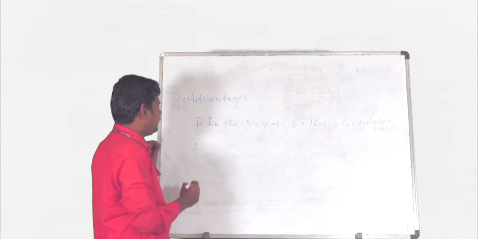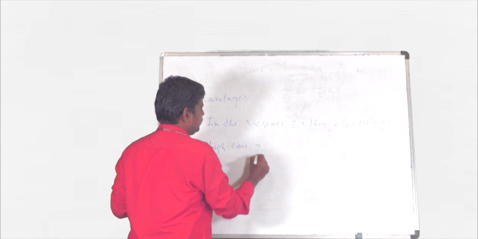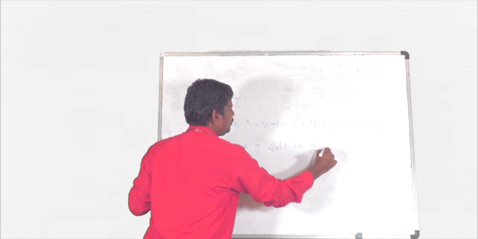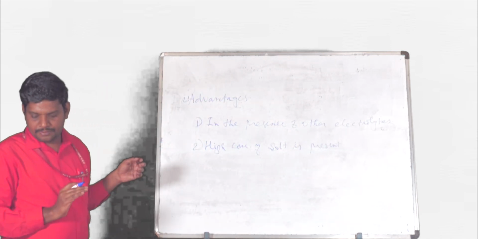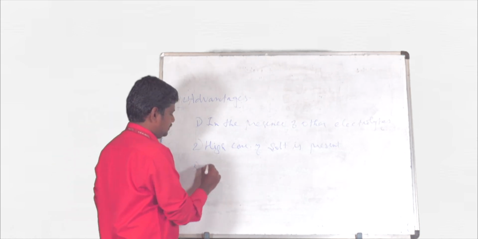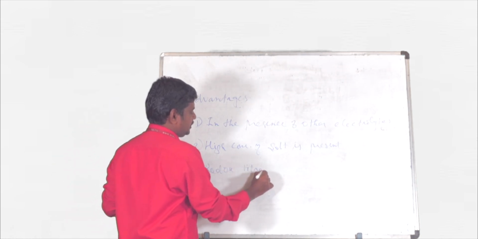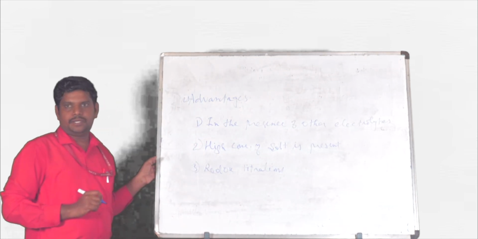The second one: when a high concentration of salt is present in the solution, there also we could not expect an accurate value. In the case of redox titrations also, we could not expect an accurate value.